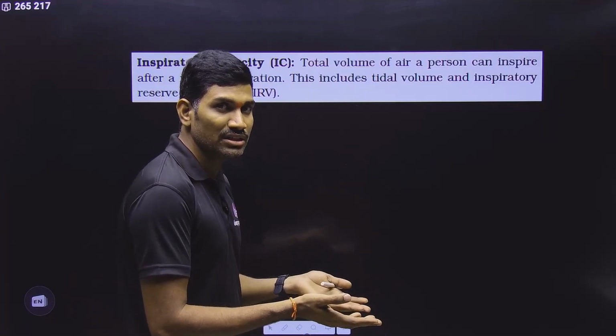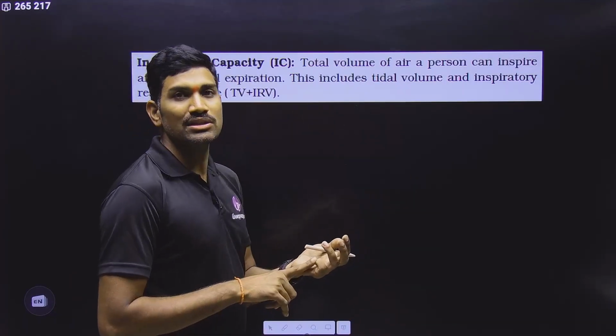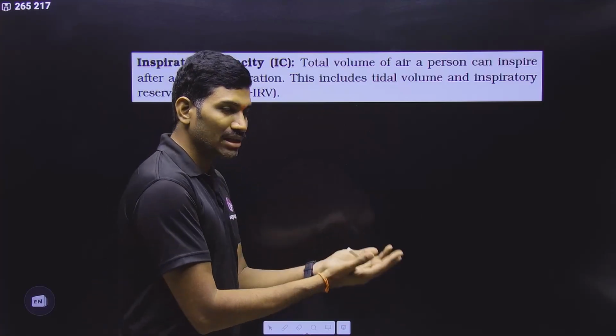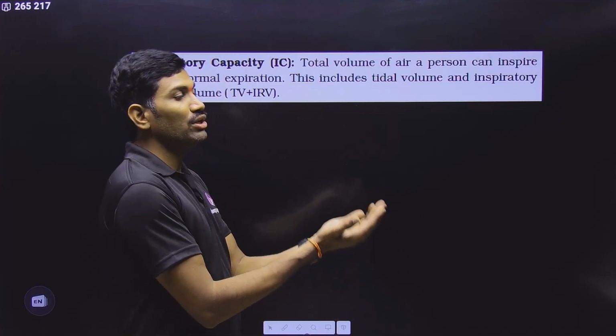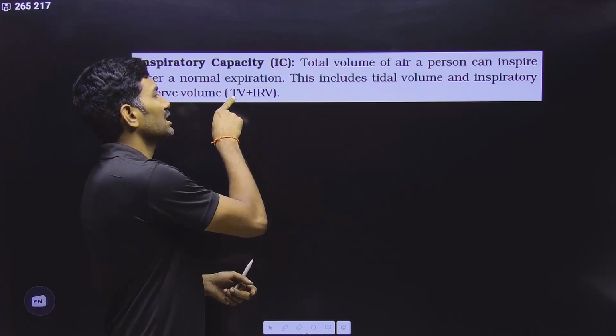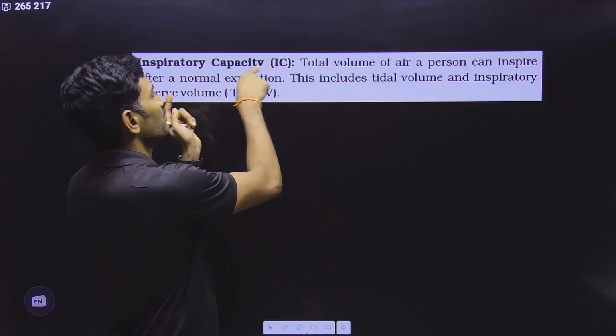After normal expiration, I am doing forced inspiration, so that tidal volume is coming and inspiratory reserve volume is also coming. So after normal expiration, if you are doing forced inspiration, you will get both tidal volume and inspiratory reserve volume.